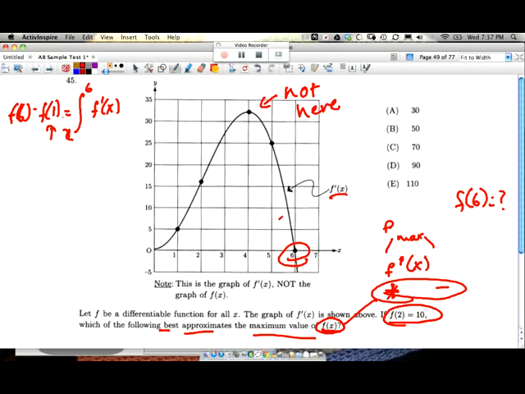No, not 1. This needs to be a 2. So let's rewrite this. The integral from 2 to 6 of f prime of x is equal to capital F of 6 minus capital F of 2. And we know what f of 2 is, and we can calculate this with squares and junk.